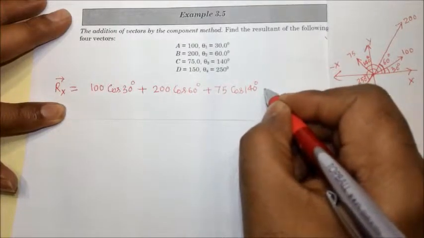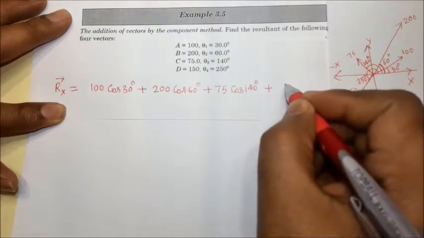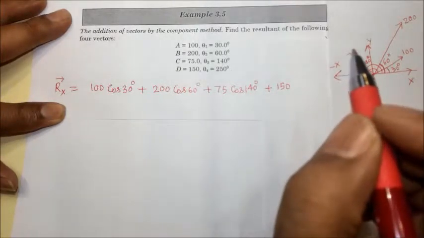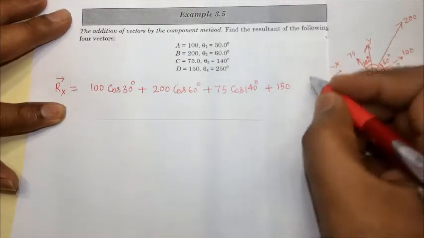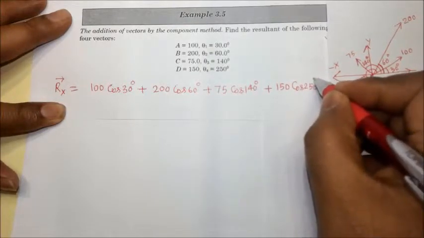The fourth vector is 150 and its x component is going to be 150 cosine 250 degree.